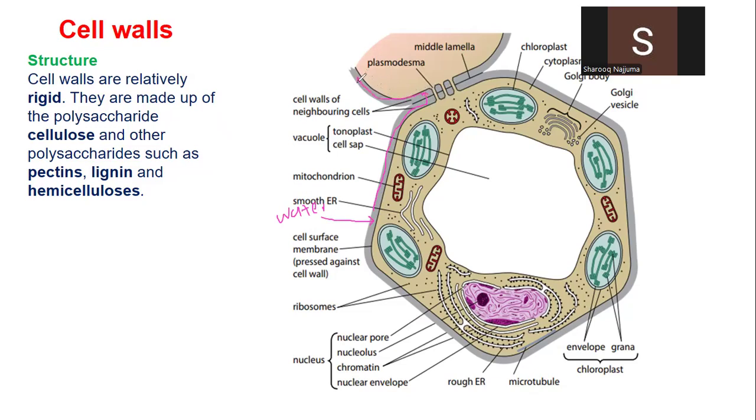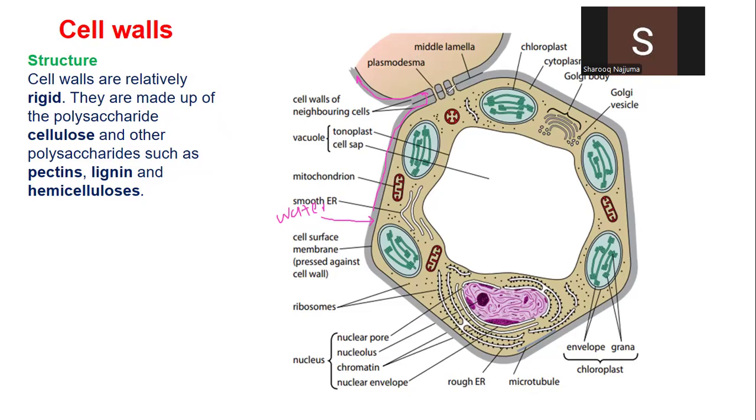And that movement of water through cell walls is called the apoplast. So apoplast is the movement of water within a plant, but via cell wall. So water can move from one cell to the next just through the walls, which we call the apoplast. So cell walls allow water to move from one cell to the next through the apoplast.